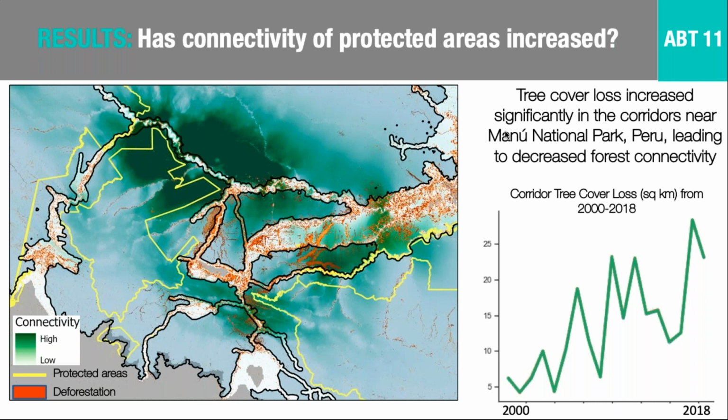So what this shows is a very strong trend of an increase in deforestation in corridors that support connectivity in intact forests and protected areas in this landscape. So what we see in this specific case is that connectivity is decreasing in this landscape. And so that's an example of how we can use these data to answer some of those questions related to Aichi target 11. And so next slide, please.